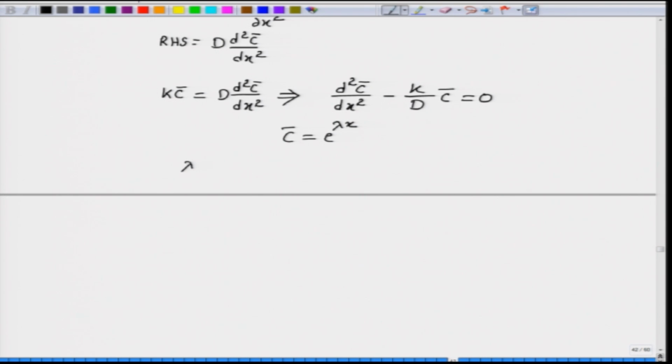So, we can write lambda square e to power lambda x minus k by d e to power lambda x equal to 0. So, this gives the value of lambda as plus or minus square root of k by d.